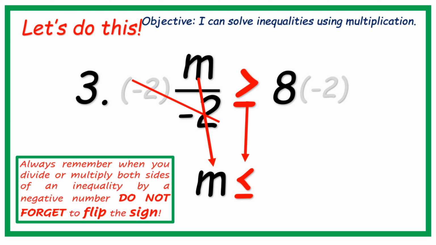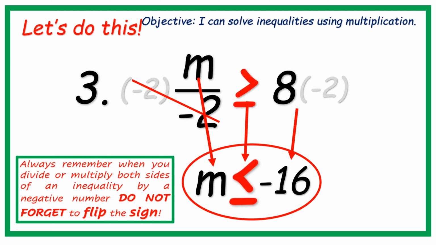Then after that, solve 8 times negative 2. Different signs will give you a negative answer, that is negative 16. Our final answer is m is less than or equal to negative 16.